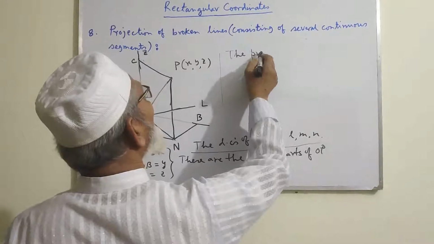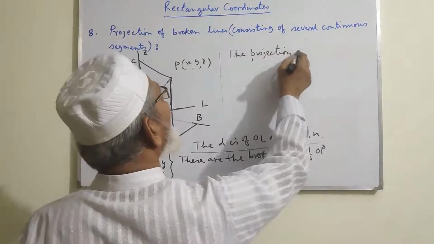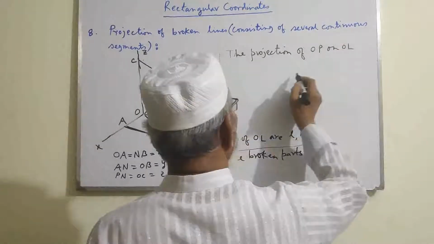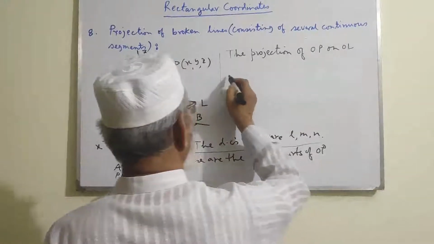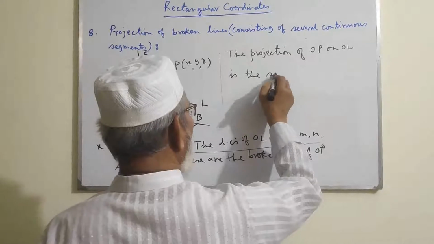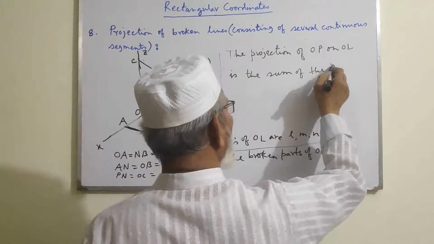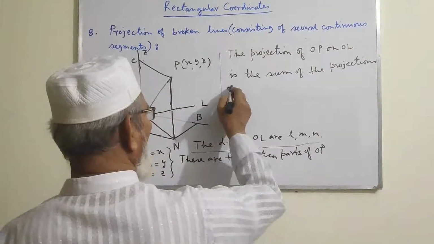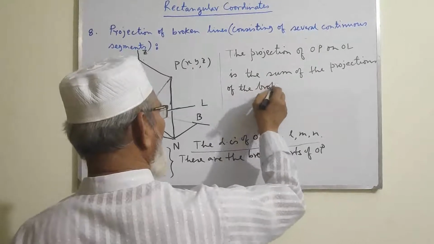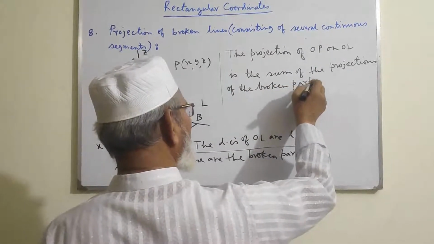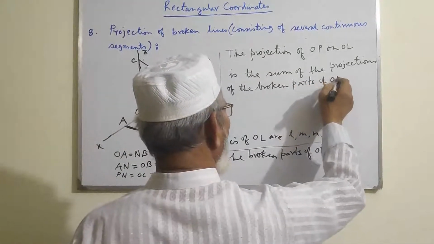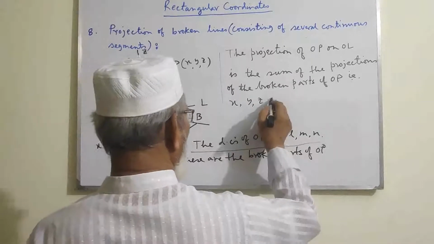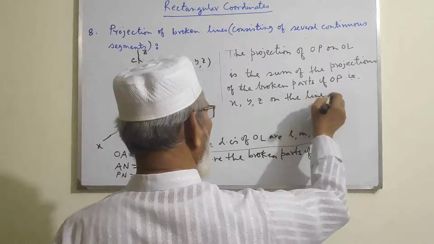The projection of OP on OL is the sum of projections of broken parts of OP, that is x, y, z, on the line OL.